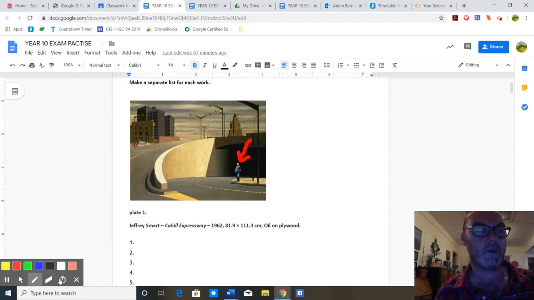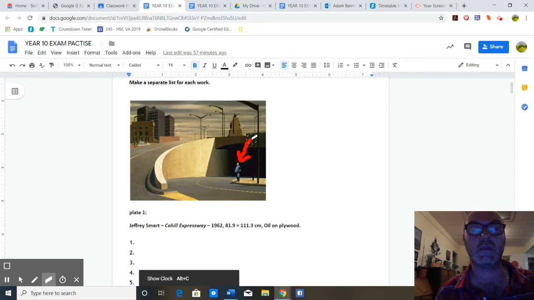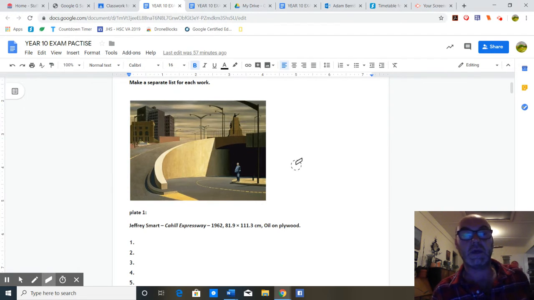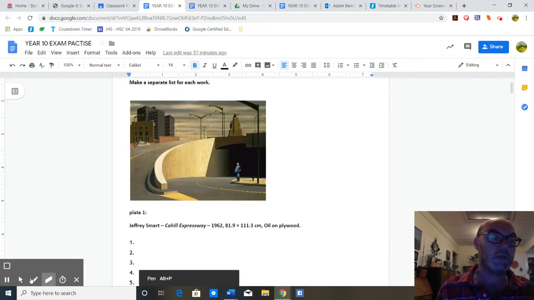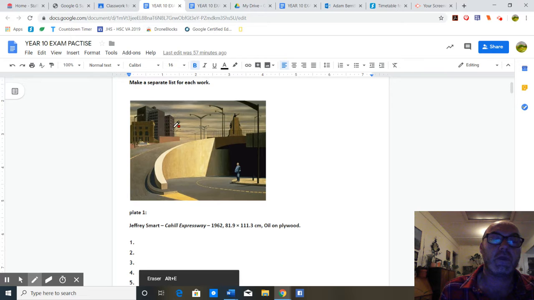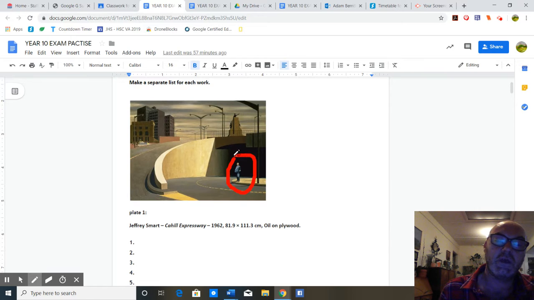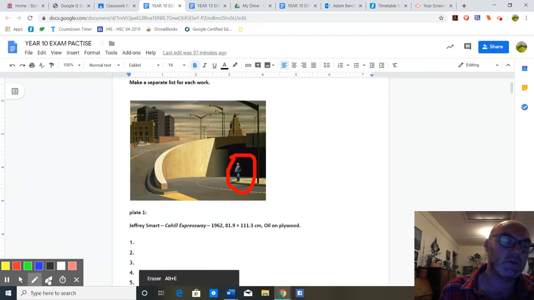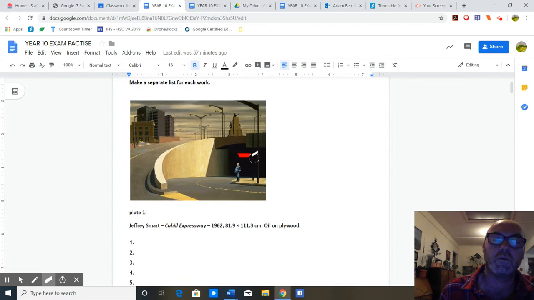He has taken it upon himself to paint a self-portrait outside of the Cahill Expressway. And you can see Geoffrey here by himself on his own lonesome, not doing much at all.